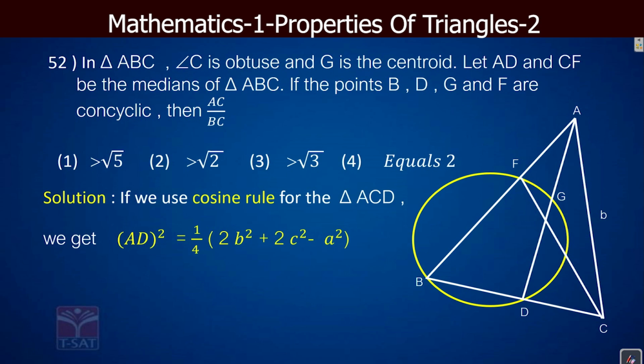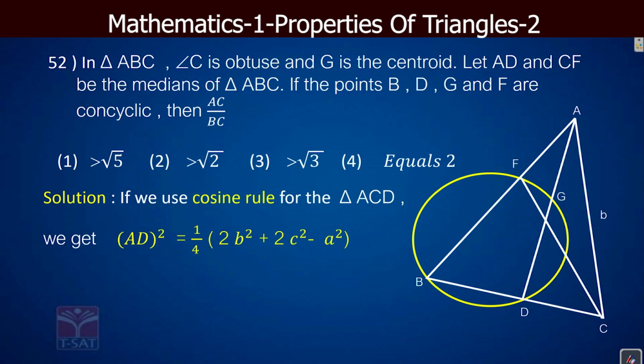Easy to remember: that is the median through A. Similarly, 4 BE square is 2c square plus 2a square minus b square, and 4 CF square is equal to 2a square plus 2b square minus c square. Those are the lengths of the medians. Note that median length formula especially.